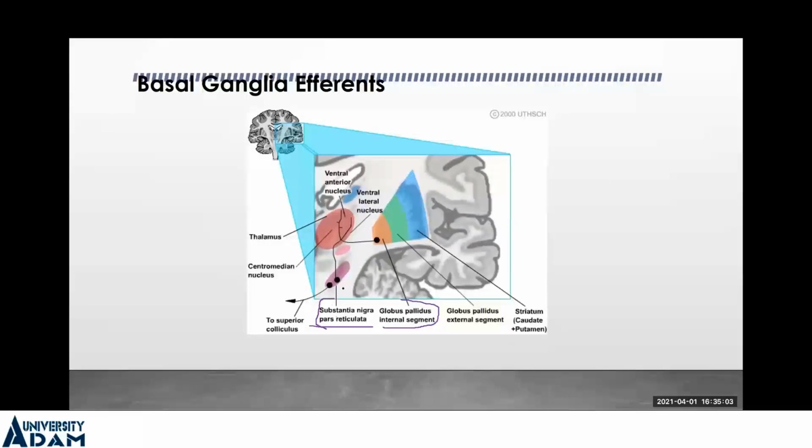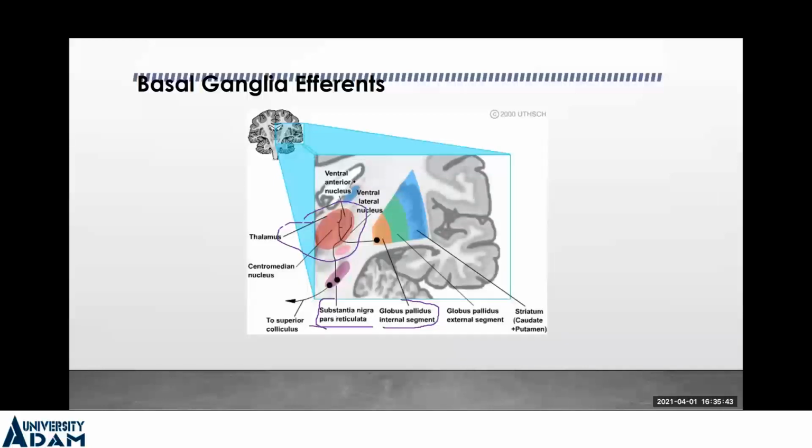Both of these structures make GABAergic, gamma-aminobutyric acid, inhibitory connections on their targets, okay? And globus pallidus internal segment projects to a number of thalamic structures by way of two fiber tracts, ansa lenticularis and lenticular fasciculus, okay, two parts.